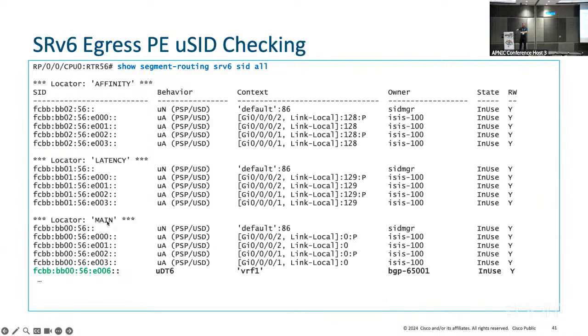Once the packet is sent to the egress PE, they do the decapsulation, right? They know that function is allocated for the BGP VPNv6 for VRF 1, so they finish the encapsulation and decapsulation, right? That finishes the whole VPN service, right?